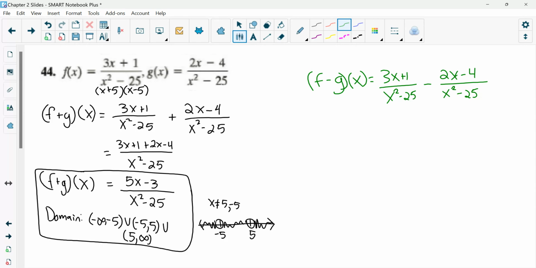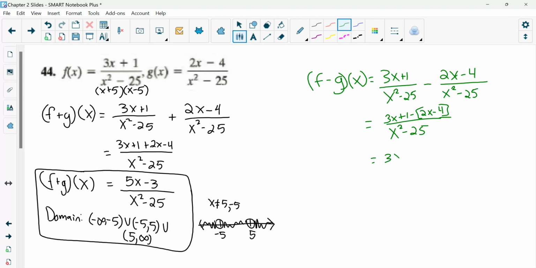So again, in order to subtract, we need a common denominator. We have that, so therefore, we can just go ahead and make it one fraction, put that common denominator at the bottom. Now the big difference is because we are subtracting, remember we have to subtract that whole quantity, so I have to put that 2x minus 4 in parentheses or brackets, because I have to make sure I'm subtracting that whole quantity.